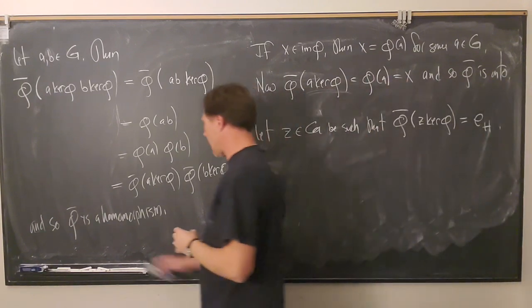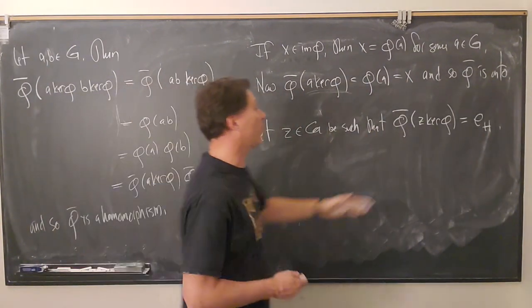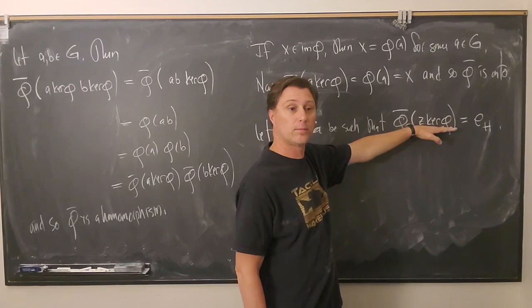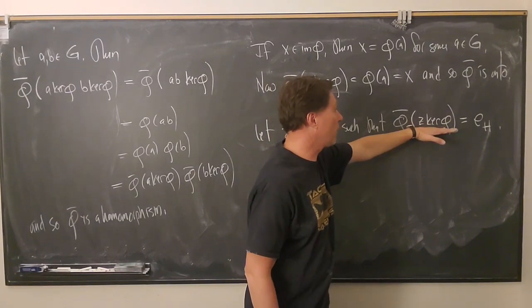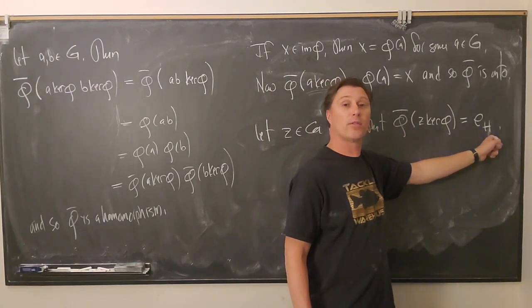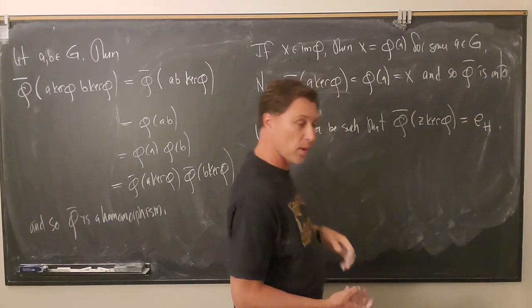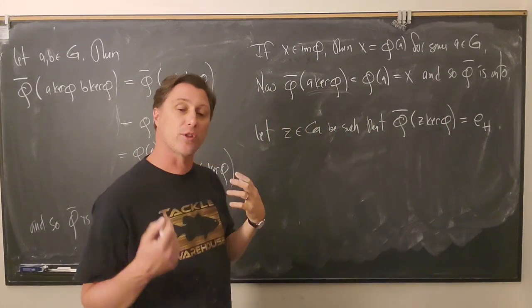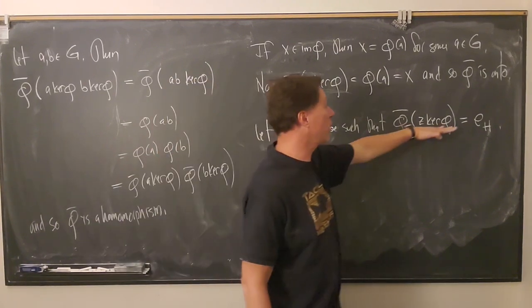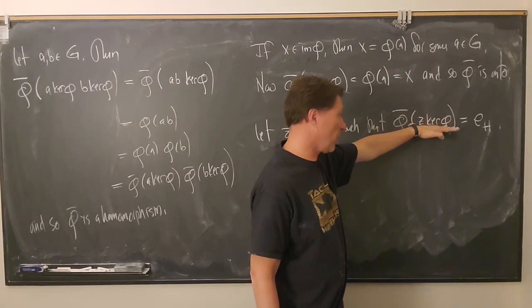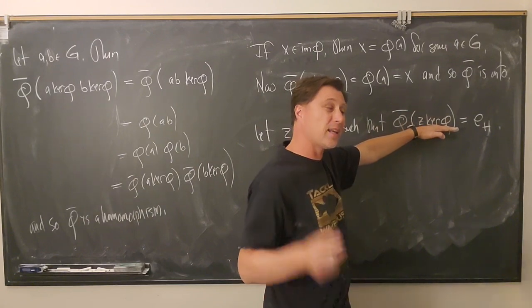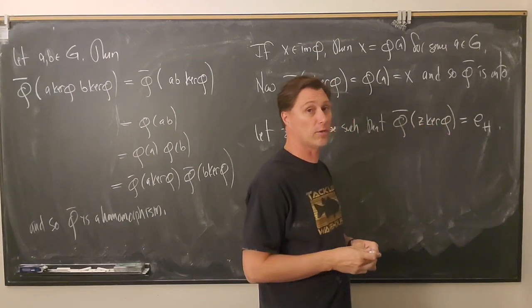In other words, I'm choosing somebody in the kernel of phi bar. The output under phi bar is equal to the identity, so this coset is in the kernel. To show that it's one-to-one, I want to show that the kernel is trivial, so I need to show that this is the identity. Z kernel phi is the identity in G mod kernel of phi.